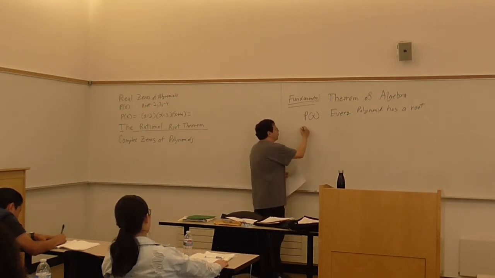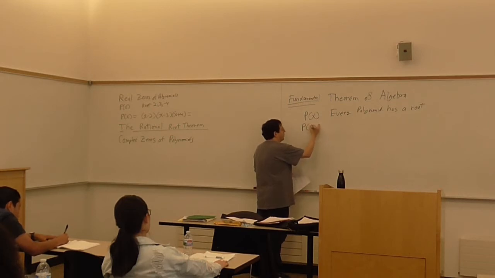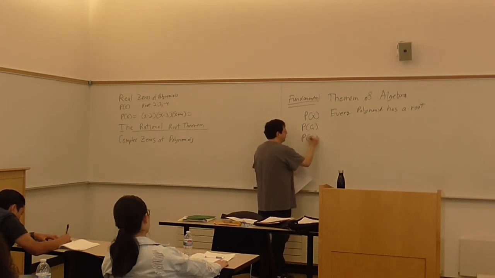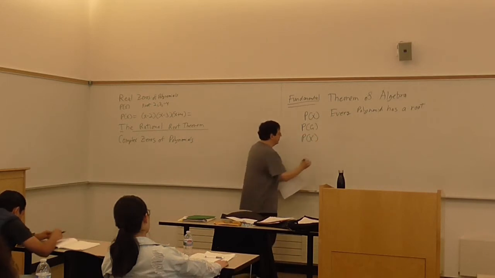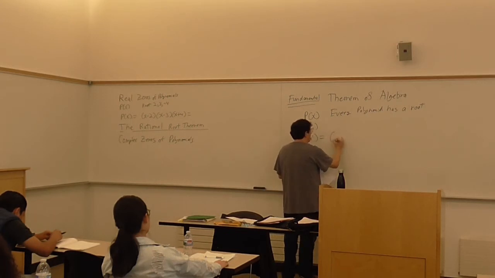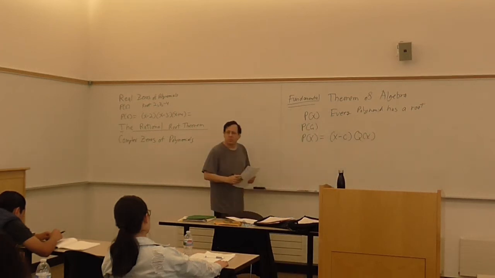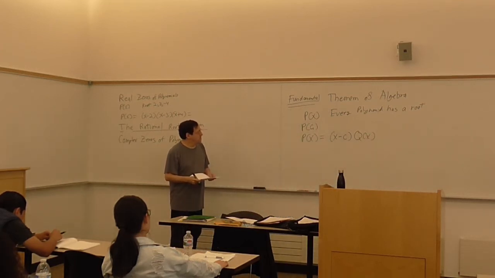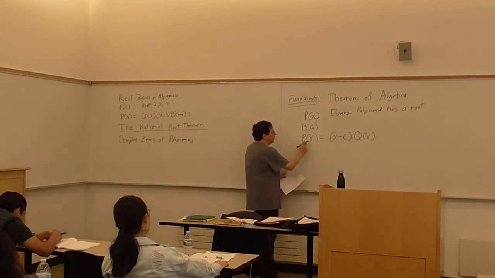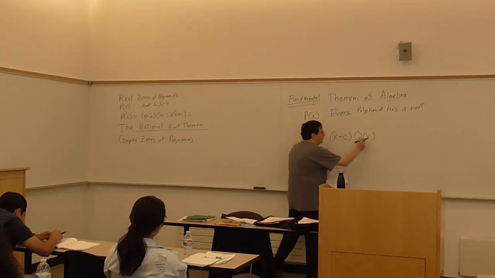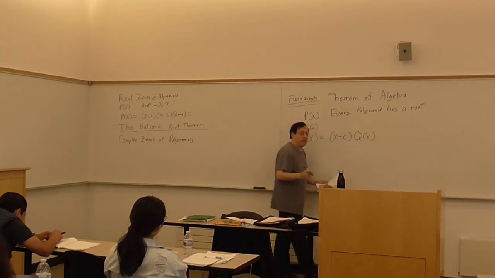Because if p of x has a root, we'll call it c1, that tells me by the factor theorem that p of x is equal to x minus c1 times some other polynomial. Remember this from Monday? Clearly if p has degree n, this will have degree n minus 1.